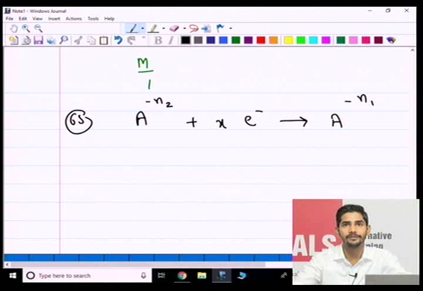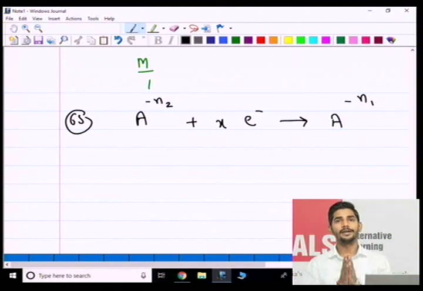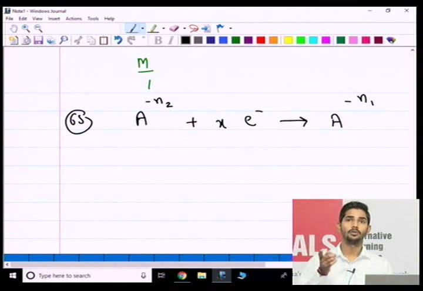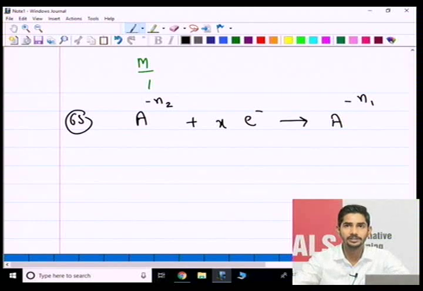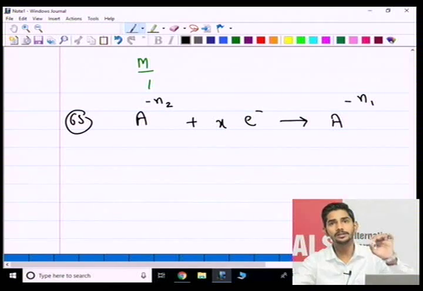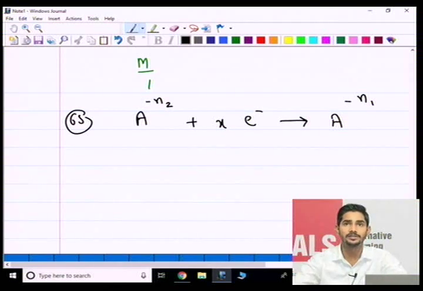Ultimately, this is an n factor. I have told you that n factor is nothing else, it is the change in electron, meaning how many electrons are either losing or gaining by the species. If there is any species in the chemical reaction, n factor is actually the charge, which is the electron there. Remember guys, the charge that we have calculated represents the electrons.